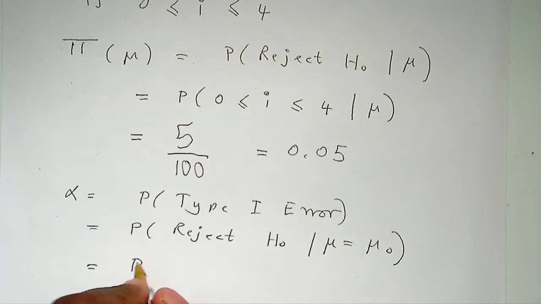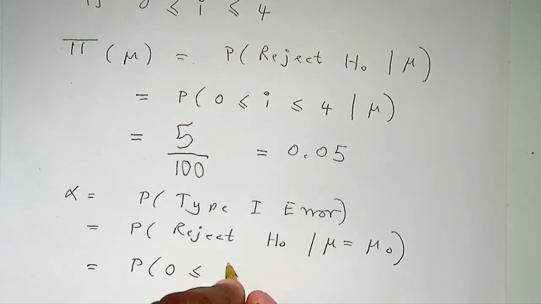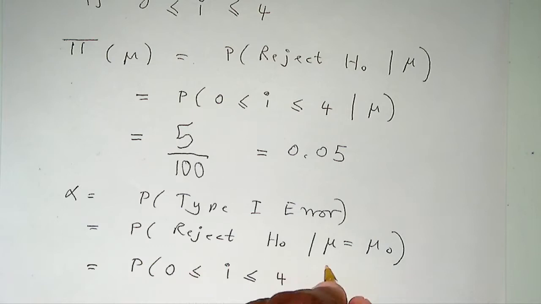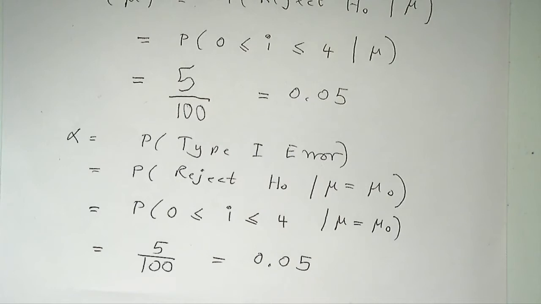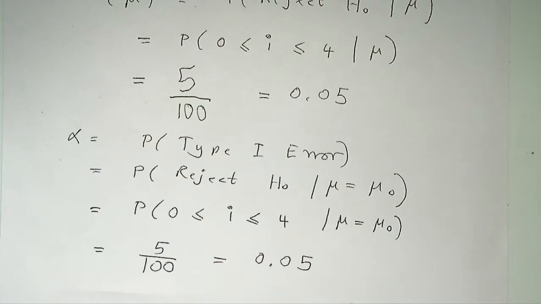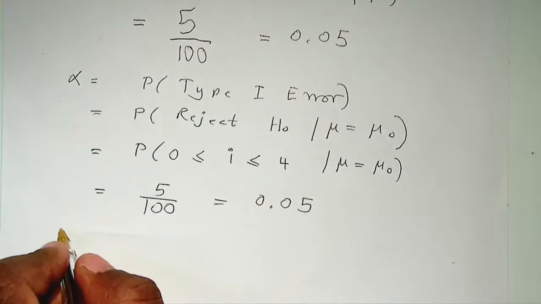So this is the probability that I is between 0 and 4, and this is once again 5 divided by 100, which is 0.05. Are you guys okay? Yes? No? If you don't follow anything, just shout at me, guys.